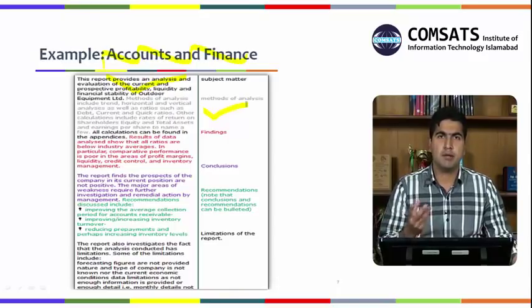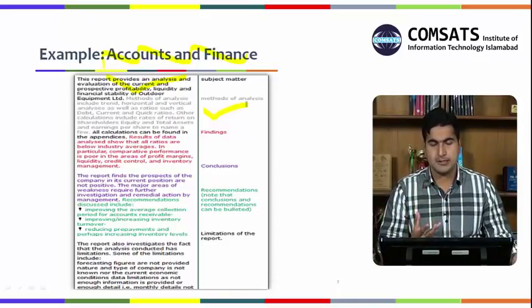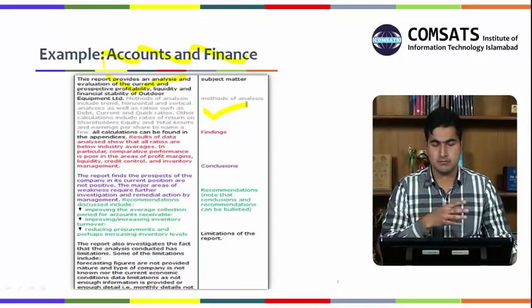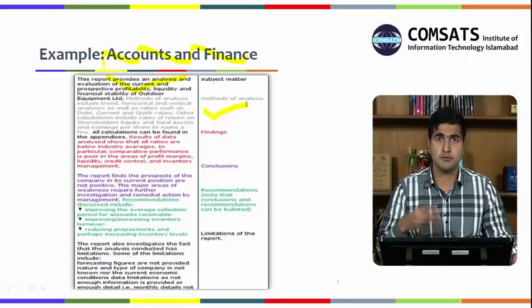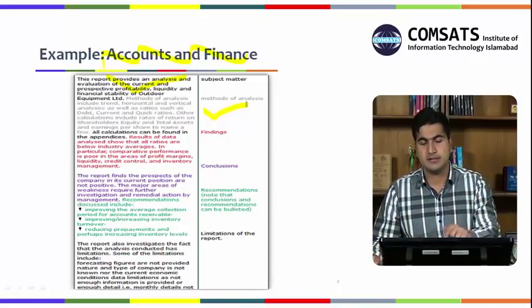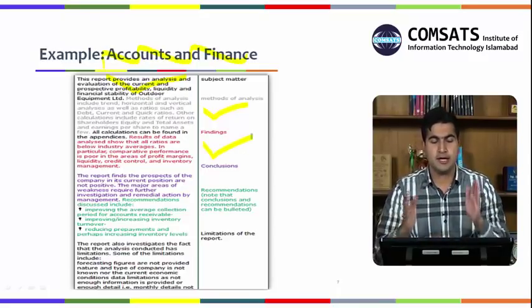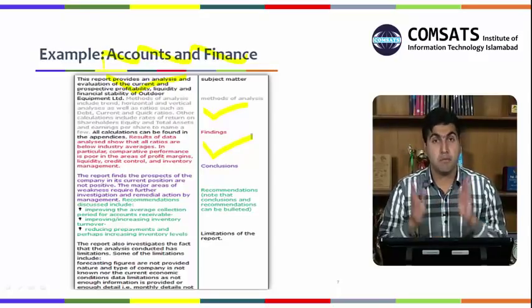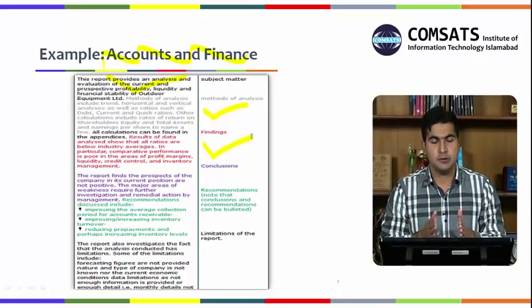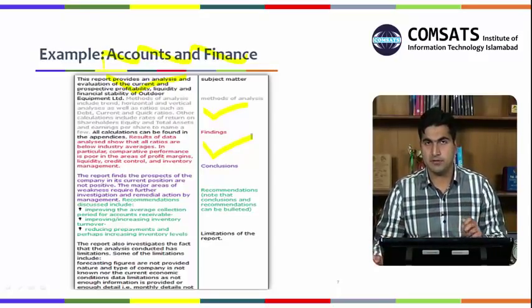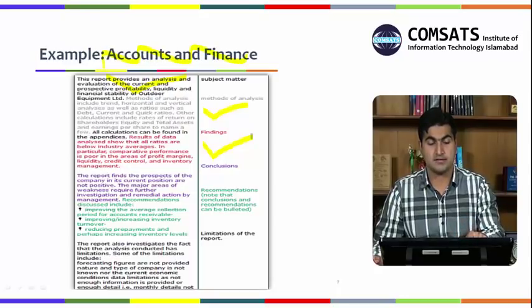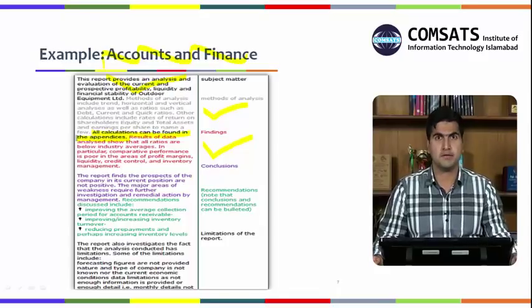Of course, when you apply a method of collecting all the data, then you get some results after carrying out the analysis. So you have to mention those results as well. And how do you do it? This is the way you do it. Look at the text in red. But as I have just looked into it, there is one point which is supposed to be mentioned here as it's written: all calculations can be found in the appendices.